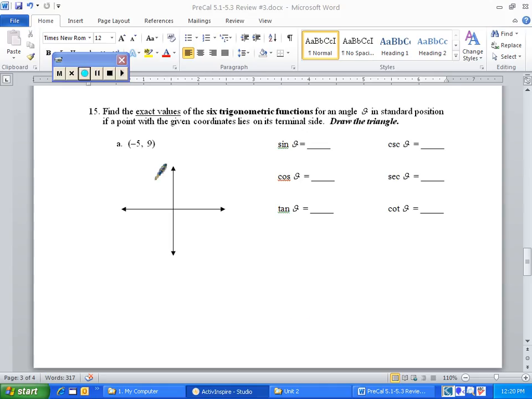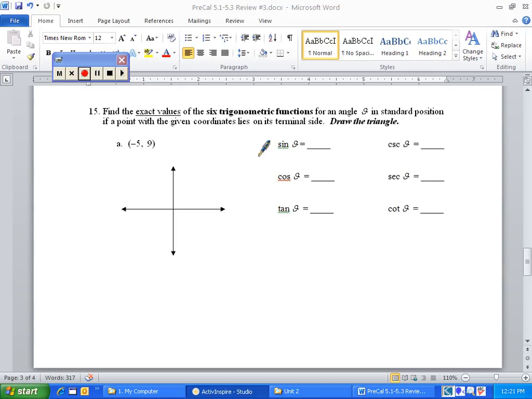So your radius is going to be square root of 106, which means we're going to have a lot of rationalization going on. Okay, remember that sine is going to be opposite over hypotenuse. So it's 9 over the square root of 106. Just make sure that you rationalize. So your final answer is 9 square root of 106 over 106.